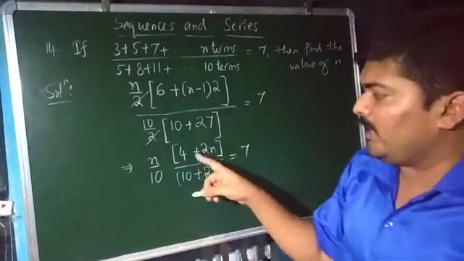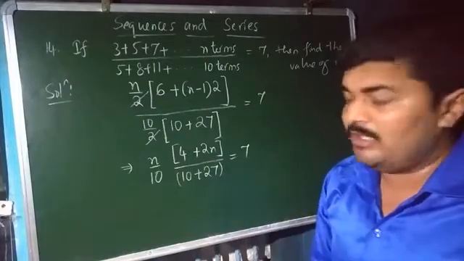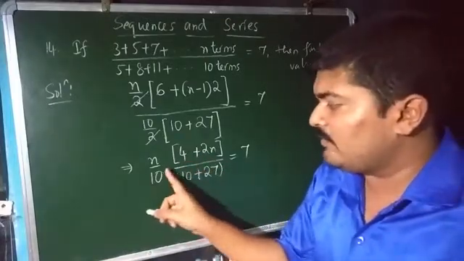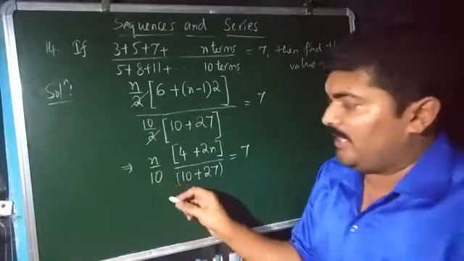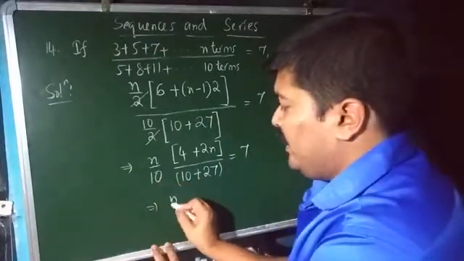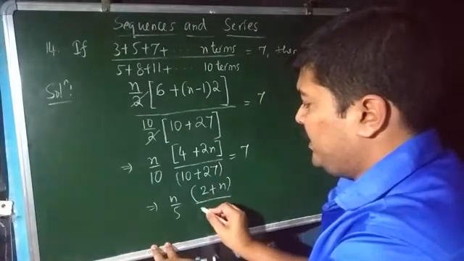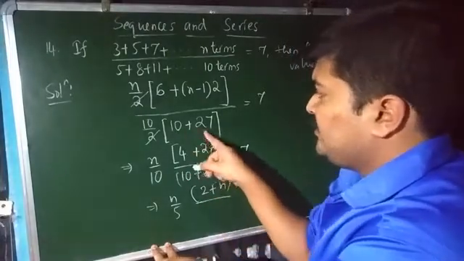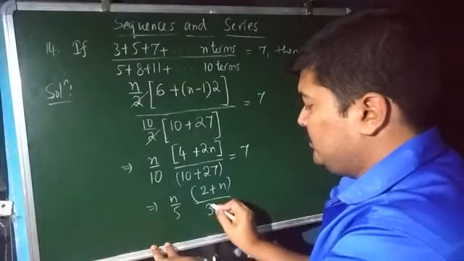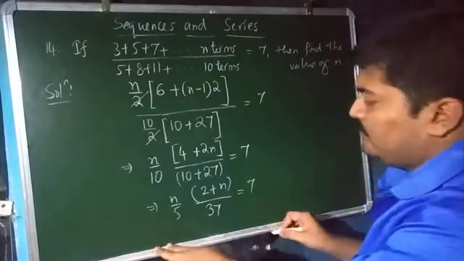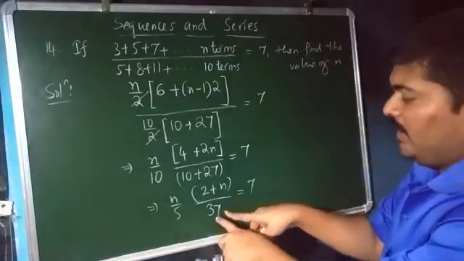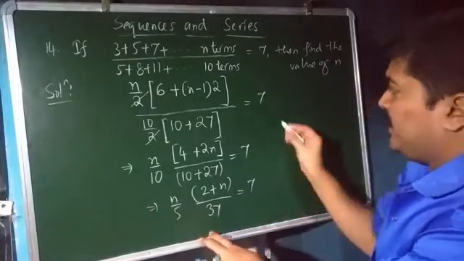Now if I take 2 as a common factor and cancel it with the 10, what you are left with? n by 5 into (2 + n), whole divided by 10 plus 27, that is 37, equal to 7, isn't it? Now you are supposed to cross multiply.